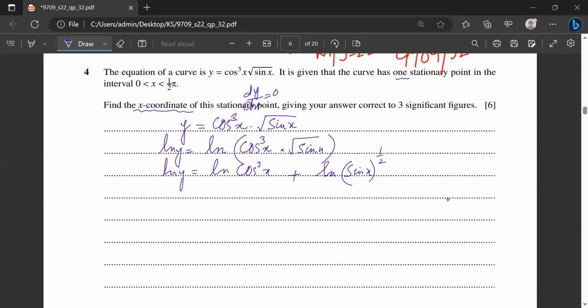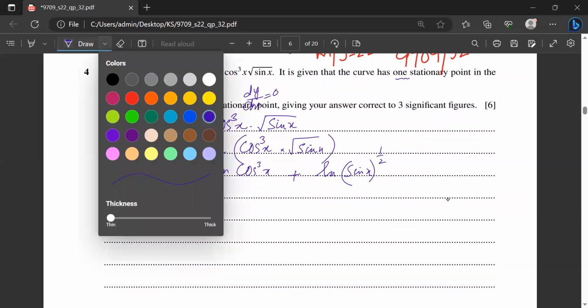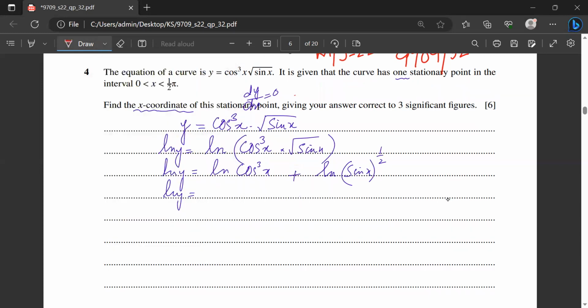Now again recall the power property of the log: this power 3 can be shifted in front, and this 1 over 2 can be written in front. So the next step is 3 ln cos of x plus half ln sine x. In this way we have an implicit equation, and we can differentiate it for dy by dx.